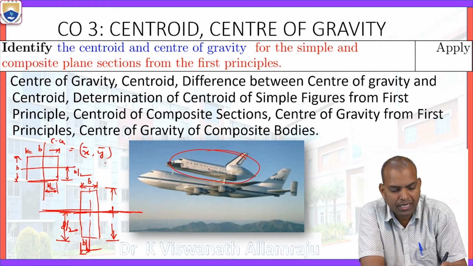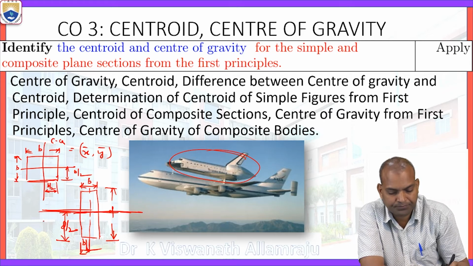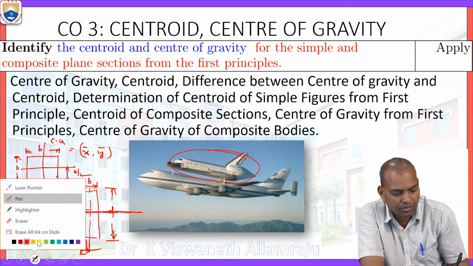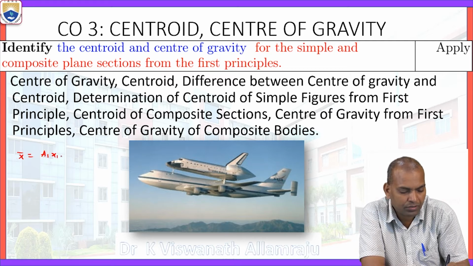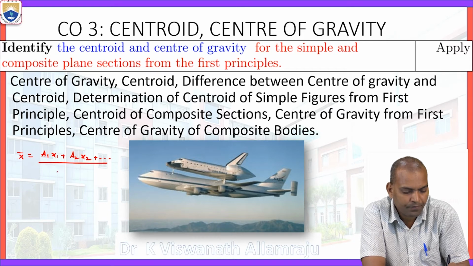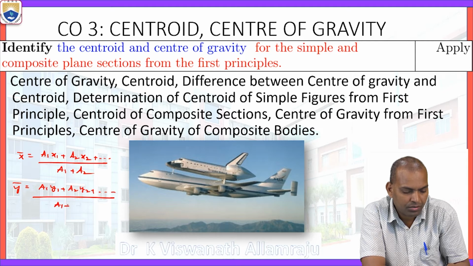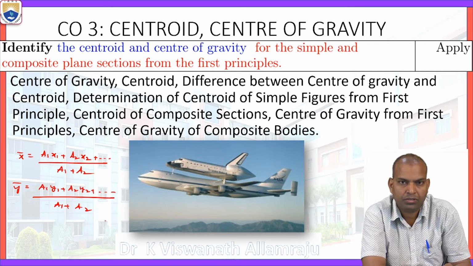Bar x equals A1 x1 plus A2 x2 and so on, divided by A1 plus A2. Bar y equals A1 y1 plus A2 y2 and so on, divided by A1 plus A2.